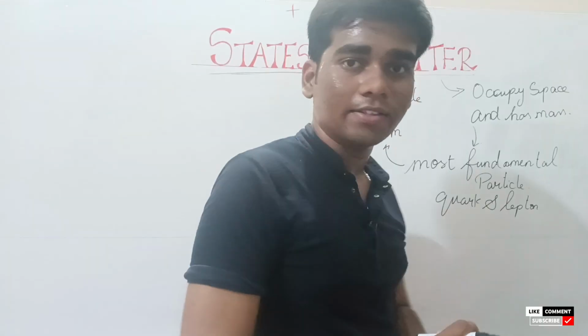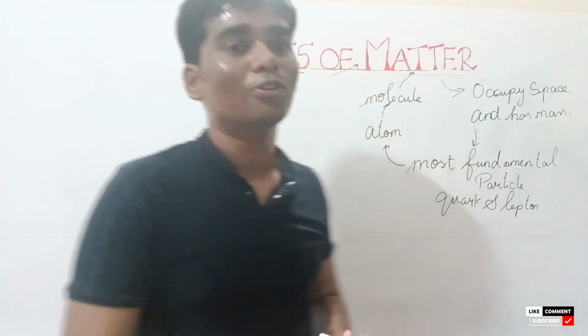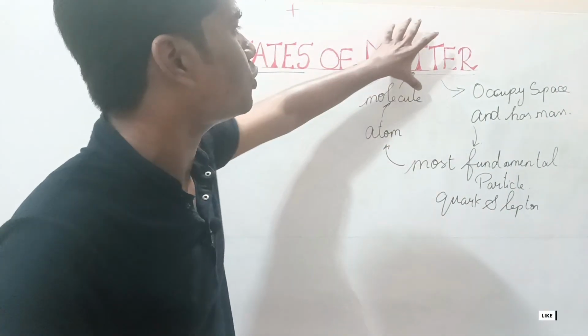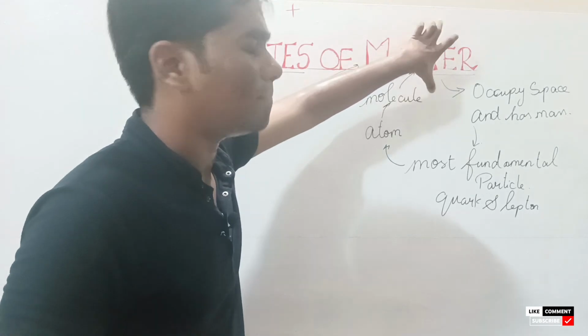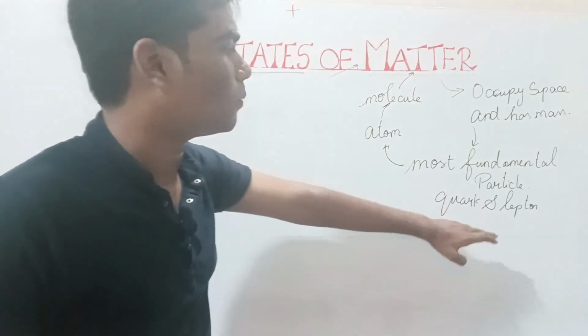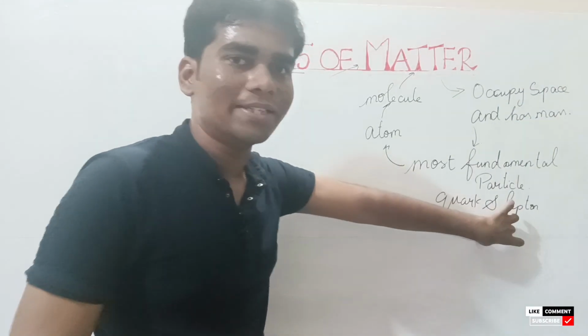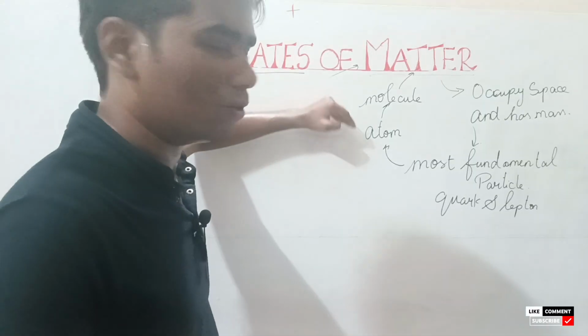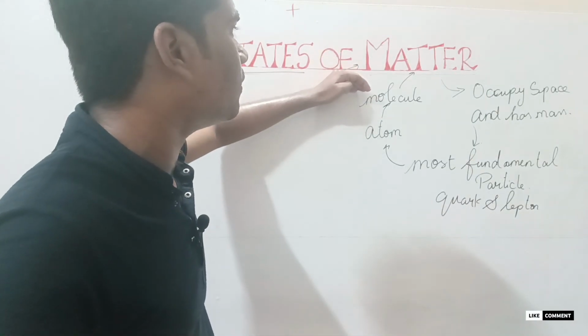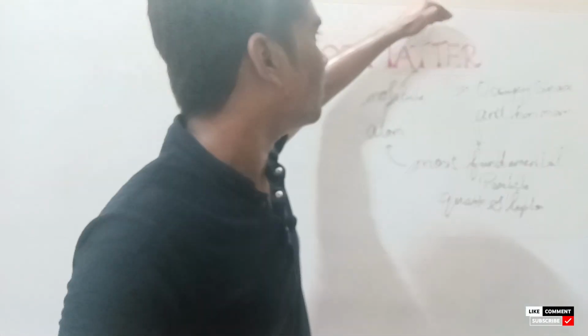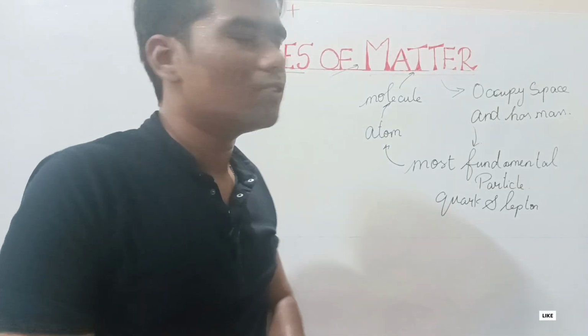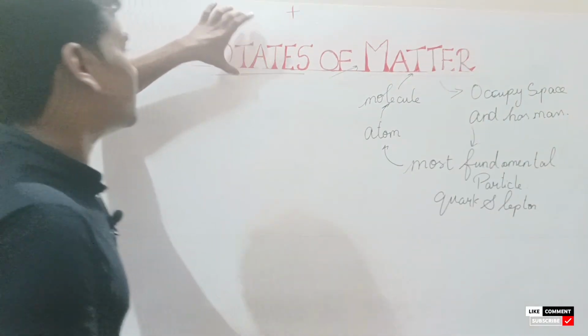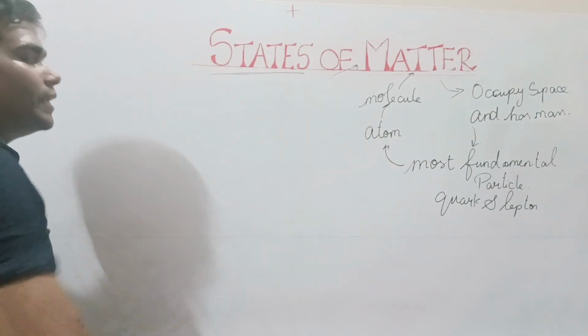So, my dear friends, from this moment you should change your explanation of matter: matter is something made up of quark and lepton, which combine to form atoms, and those atoms combine to form molecules, and those molecules form matter. Now we can see the second part, and that is states.